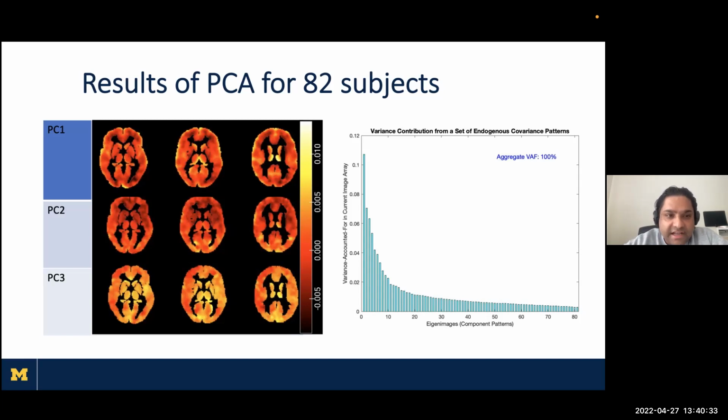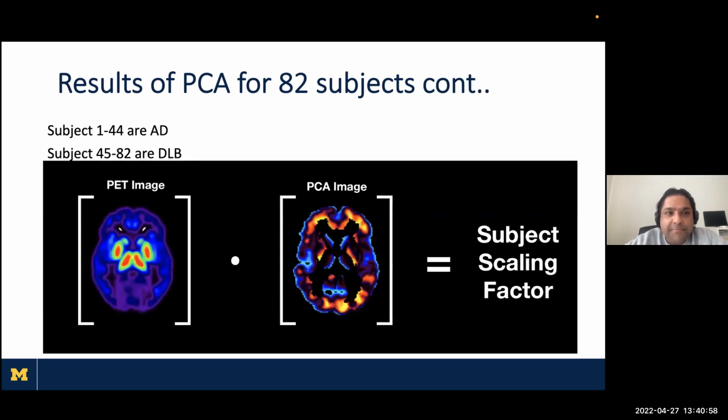In this example, we are showing the first 3 principal components in a fire color map, with the negative weights close to black and the positive weights close to bright yellow or white. Then we calculate the subject scaling factor, also called the prediction factors.